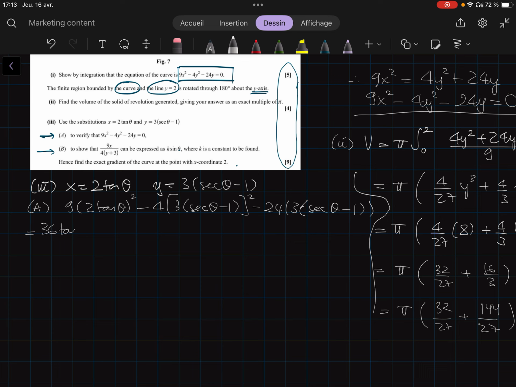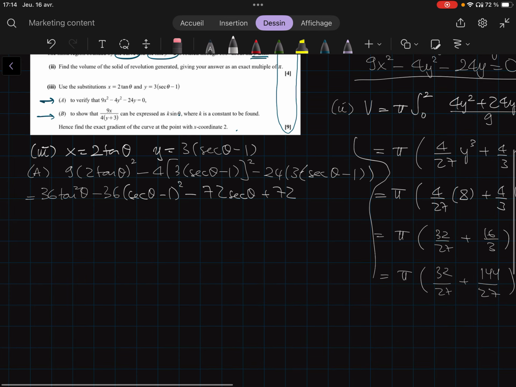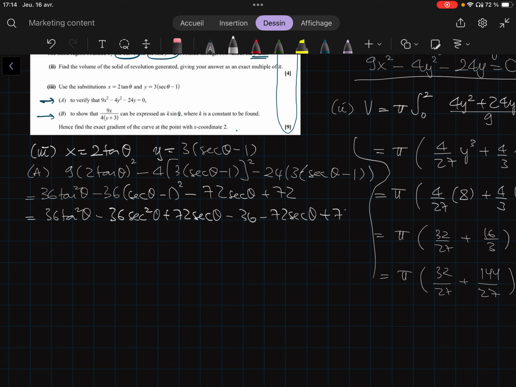First term. I'm going to expand this later. Third term. First term. Expanding this guy, we give you secant squared. 72 secant of theta minus 36. Gone.